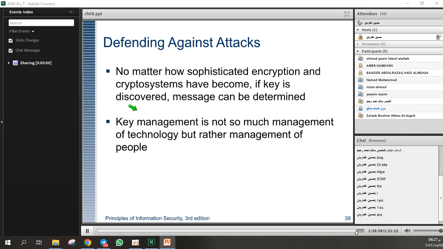So we said that key management is not so much management of technology. It's not so hard, but rather management of people. Instead of managing people, work on managing the keys. Why? If the keys are discovered, the message will be determined. Forget the people, focus on managing the keys.